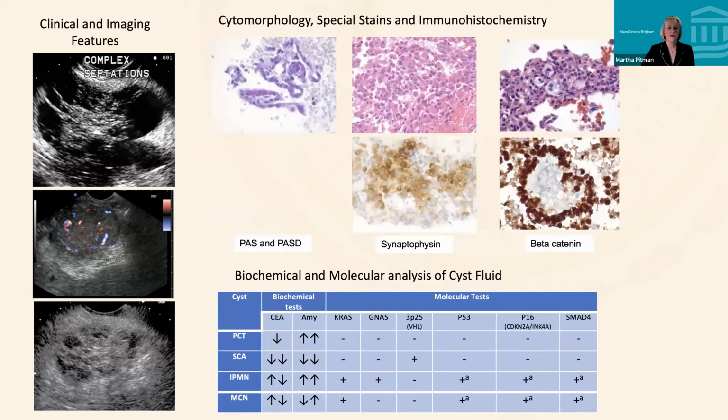And this system was relatively unique for reporting systems because it emphasized the importance of clinical and imaging features, understanding what those features were, and applying them across the cytomorphology and the ancillary studies that importantly included biochemical and molecular testing of cyst fluids.